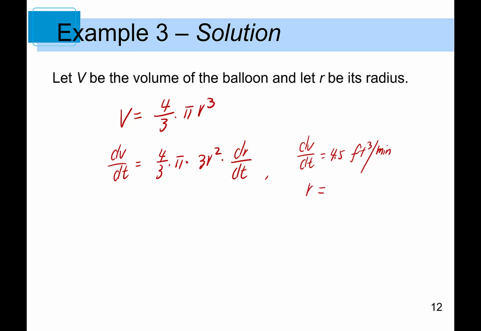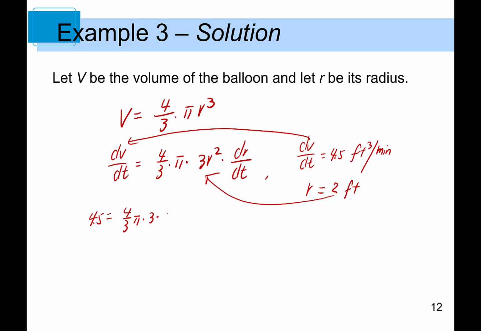And radius R is, from the previous slide, 2 feet. So now just replace dV over dt and R with the given numbers, right? So we get 4.5 equals 4 over 3 pi times 3 times R squared, which is 2 squared, times dR over dt.